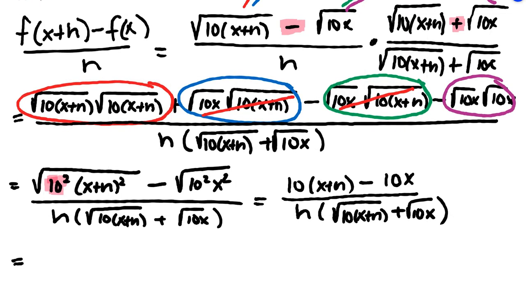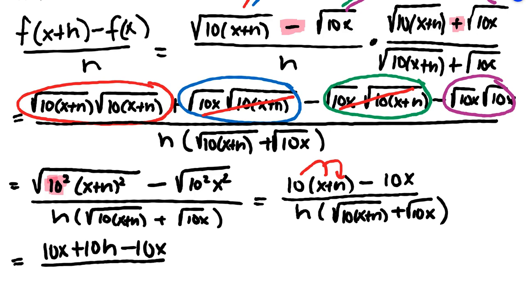In the numerator, I can use the distributive property to simplify those parentheses. So that's 10x plus 10h minus 10x. We have h times square root of 10 times x plus h plus square root of 10x in the denominator.